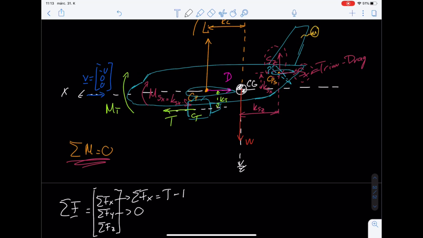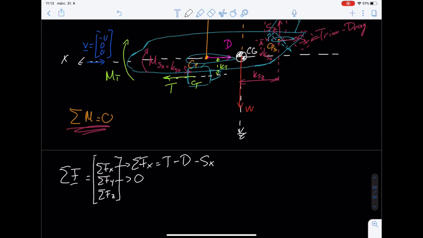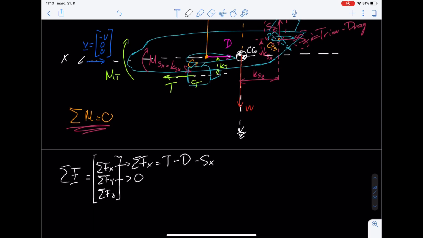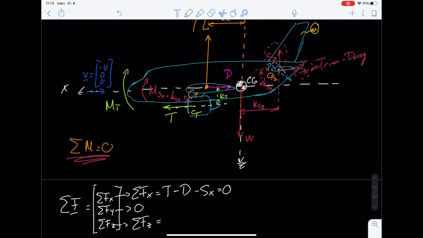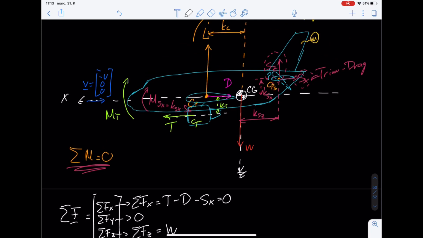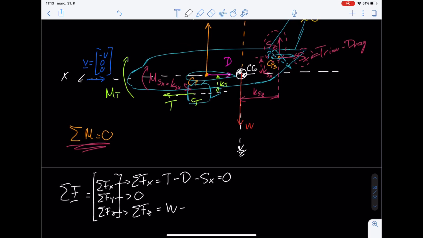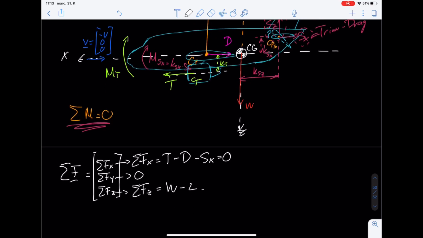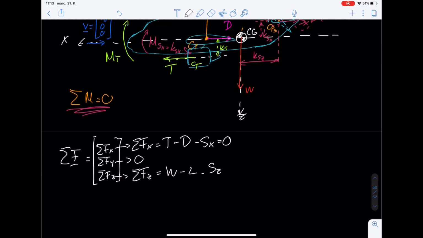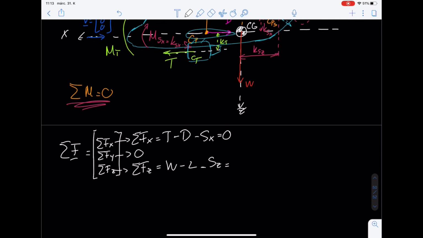I have minus the drag, and I have minus the stabilizer force in the longitudinal direction, and this has to equal 0, right? In the sum of the forces in the Z direction, I see that I have in the positive direction the weight, in the negative direction the lift, and also in the negative direction I have the stabilizer force component, vertical component basically. And this also has to equal 0.